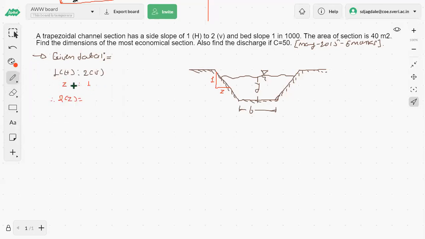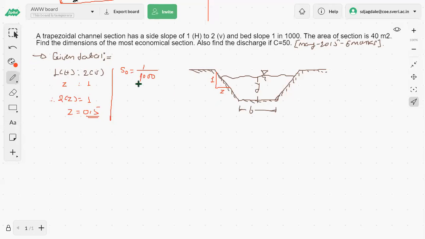Or let it be Z into 2 equals 1. That will be equal to 1. So that is Z equals 0.5, we can say. This is the magnitude for the given conditions. Okay. Then bed slope S naught. It's 1:1000.